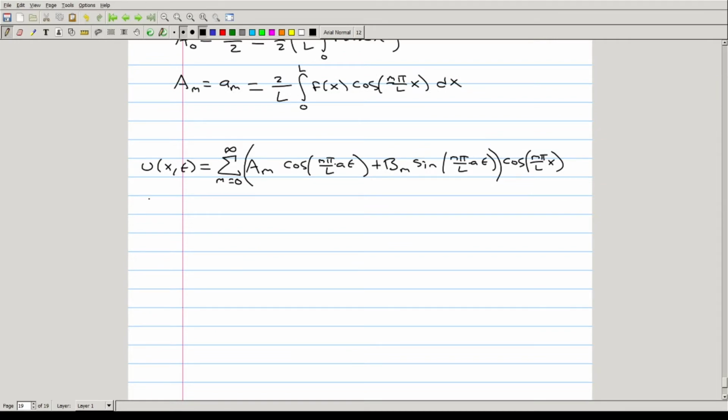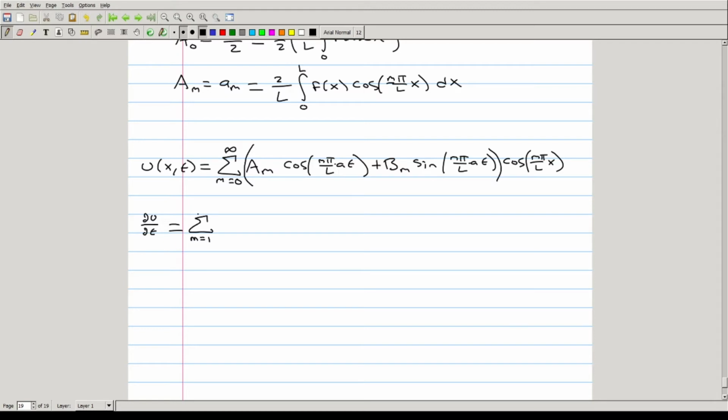To apply the initial condition for the t derivative of u, we have to take the time derivative of this function, du dt, which necessitates us doing term-by-term differentiation of this series.